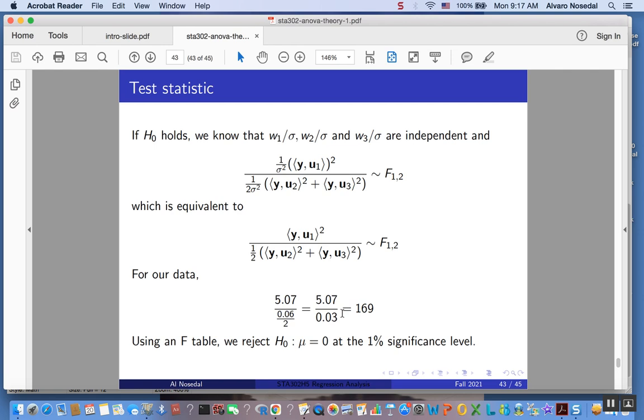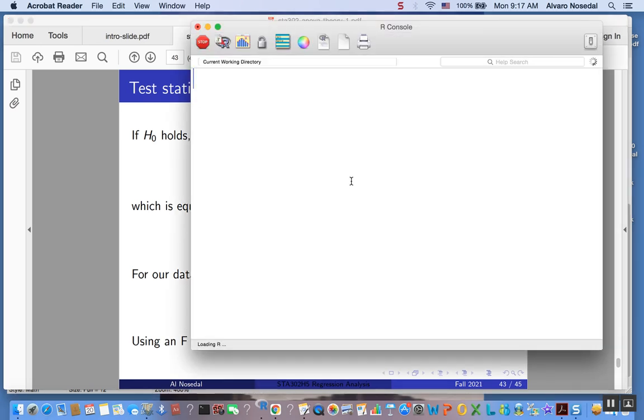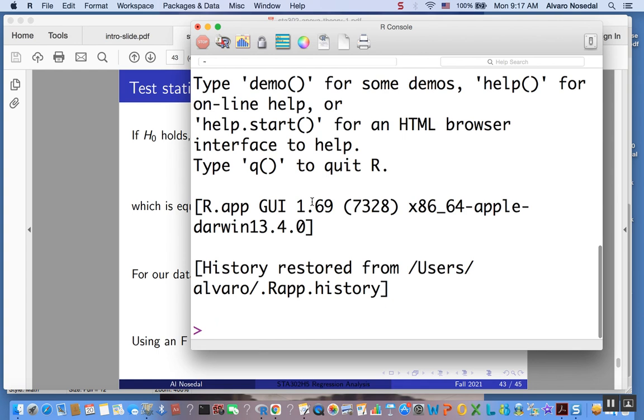Okay, so let me show you how we can do this using R. Let's launch R. So let's enter our observed y's: 1.1, 1.4, 1.4.